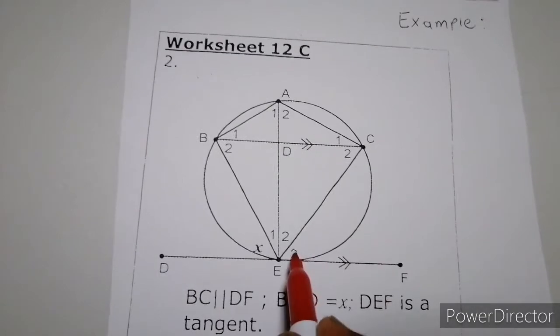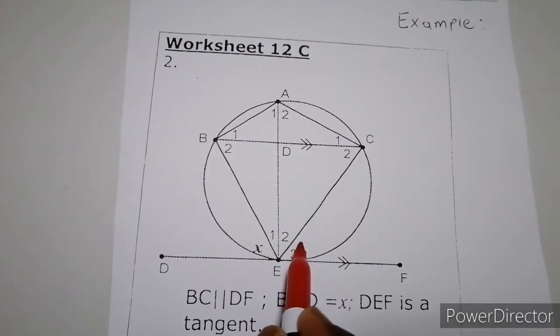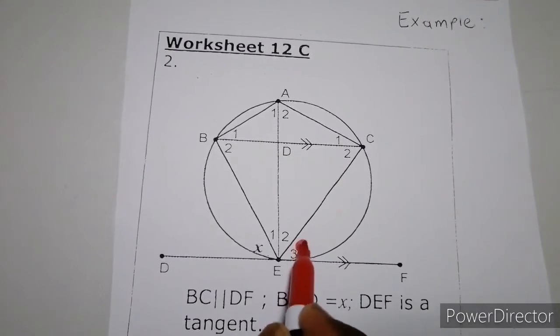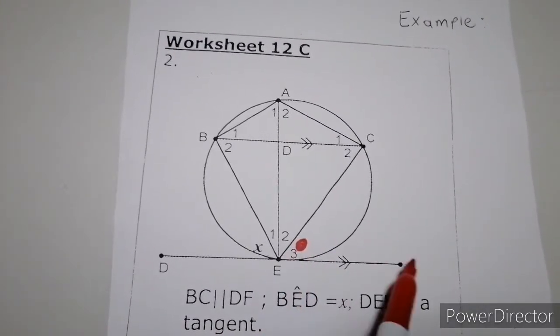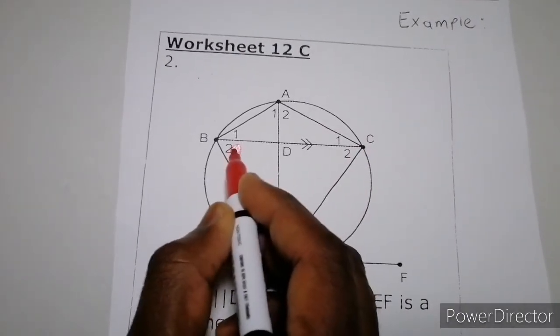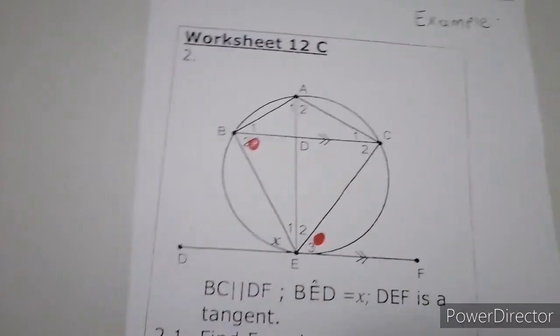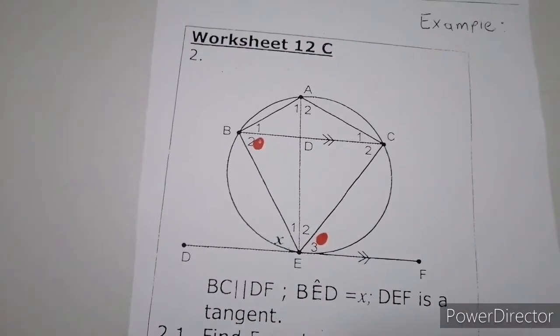Now, we are given a tangent. Which angle can be indicated the same as E3? When we use the knowledge of tangent, this is a tangent and this is a chord. Now, the angle in the alternate segment, these two angles are equal by the tan-chord theorem.